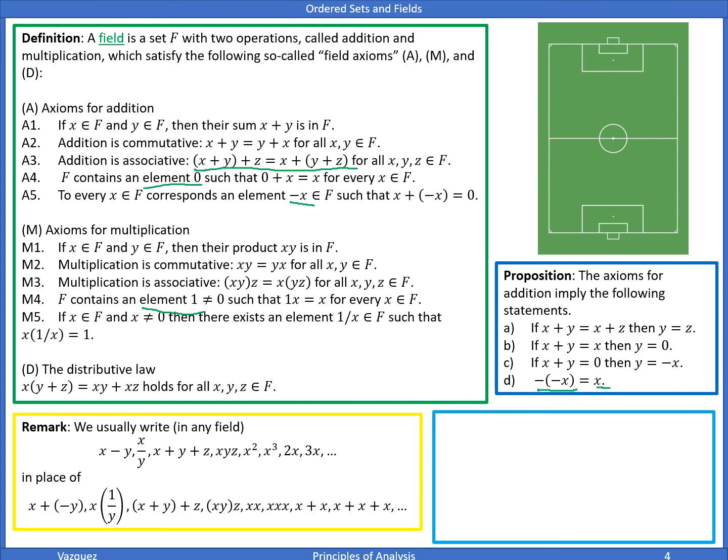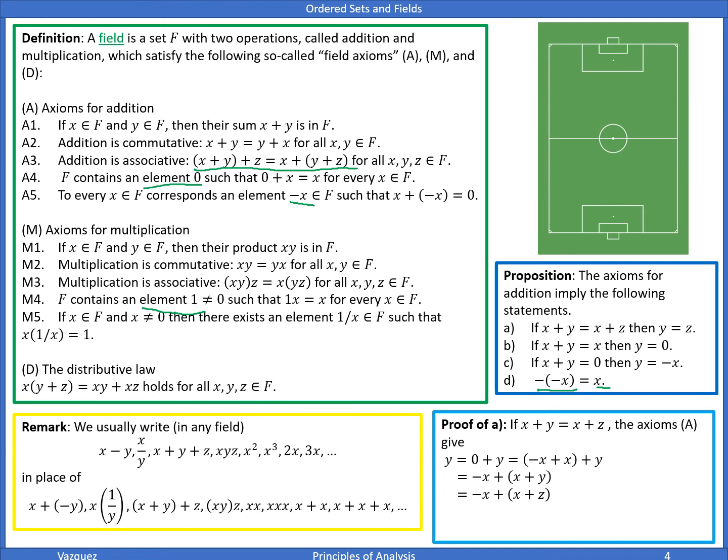But I'm not going to prove all of them. I'm going to prove A. And you can go ahead and prove the other ones. But I'm just going to show you how this works. So if x plus y is equal to x plus z, I'm going to use the axioms of addition, right? So we get y is equal to 0 plus y, right? And 0 is the same thing as negative x plus x, right? Two elements where their sum is equal to 0. And then I'm going to use the associative property to group the x and the y.